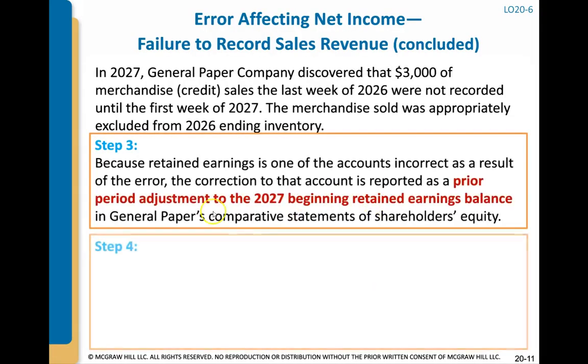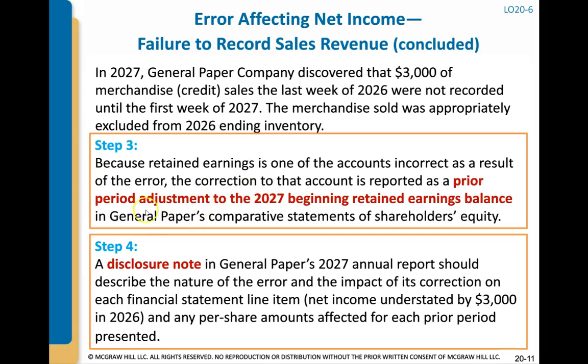So let's go into step 3 and see how we report this on the financial statements. Because the 2026 ending retained earnings was incorrect, there's really one of two ways this can be presented. The first one: my 2026 net income is going to be presented correctly, which means my ending 2026 retained earnings will also be correct.